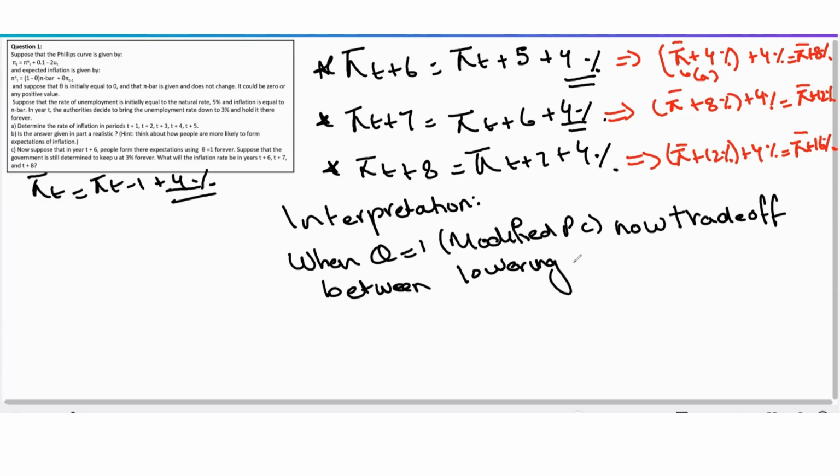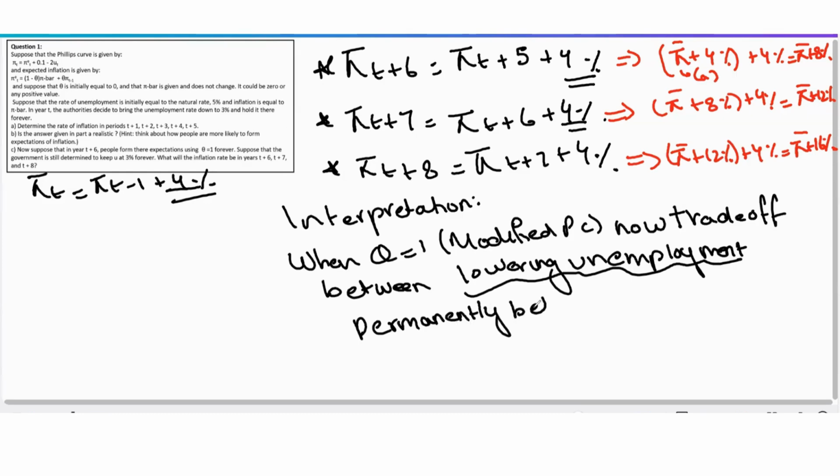So here, obviously, the goal is that you wanted to keep UT below UN forever, right? Lowering unemployment permanently below UN and permanently accelerating inflation, right? Here, you don't have permanently higher inflation.